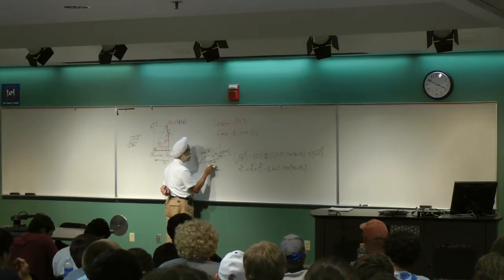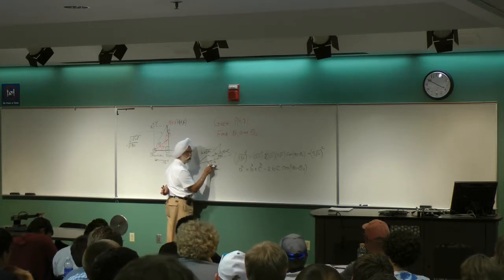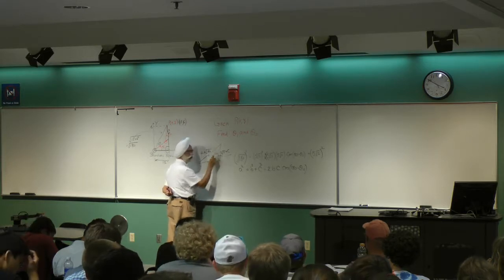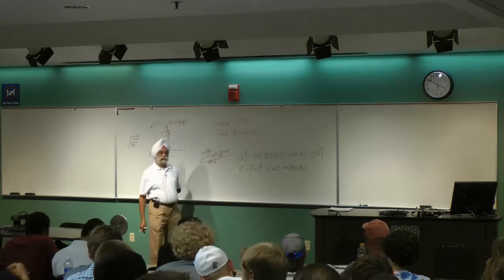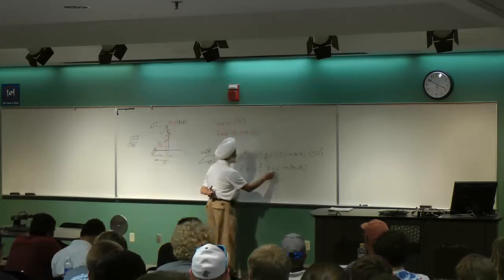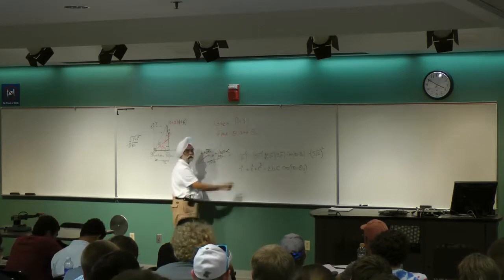So this side is B square, this side is C square, the square of the two adjacent sides. Then minus 2 times the product of those two sides times the cosine. And that's what you have here.